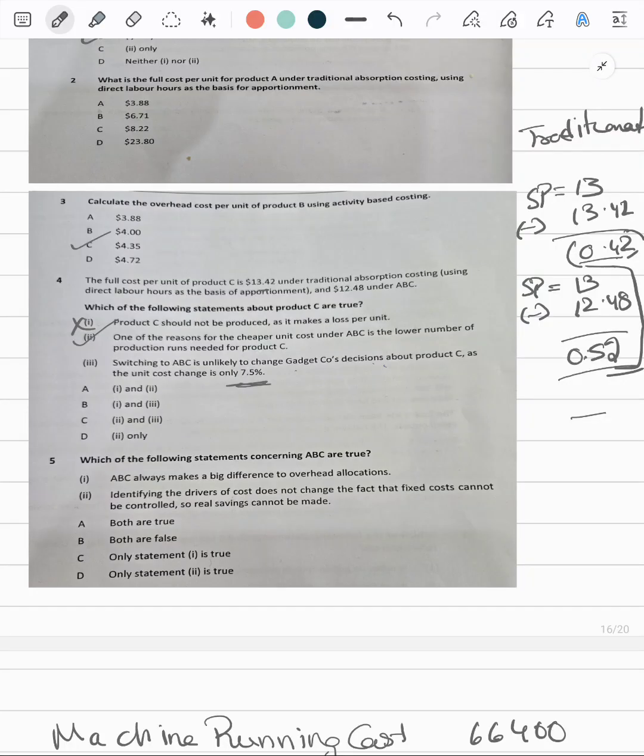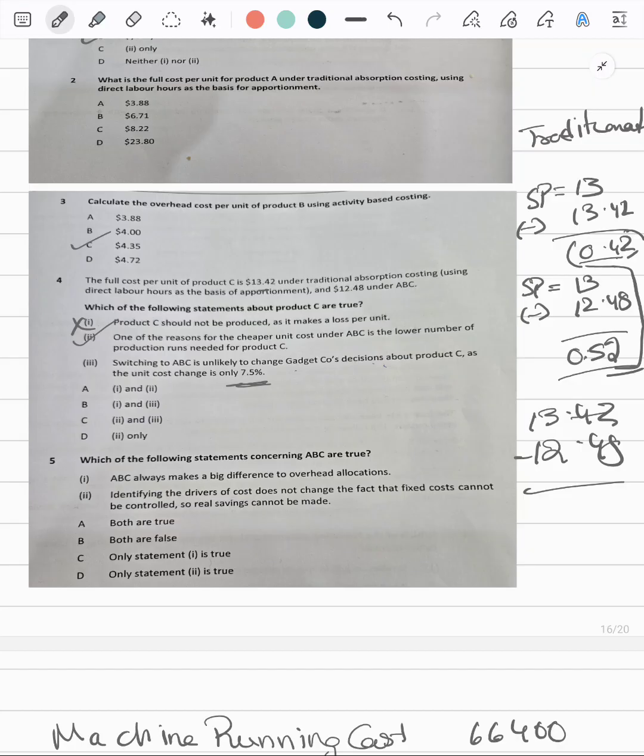No, the unit cost change is 13.42 minus 12.48. As per the traditional costing, the full cost per unit would have been 13.42, and if it jumps to the ABC costing method, the cost will now be 12.48, and this is resulting in a saving only.